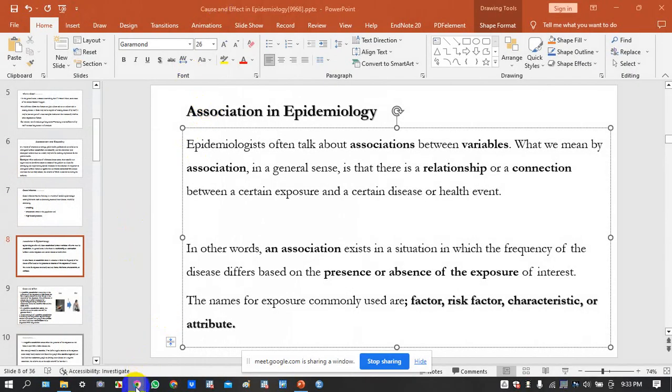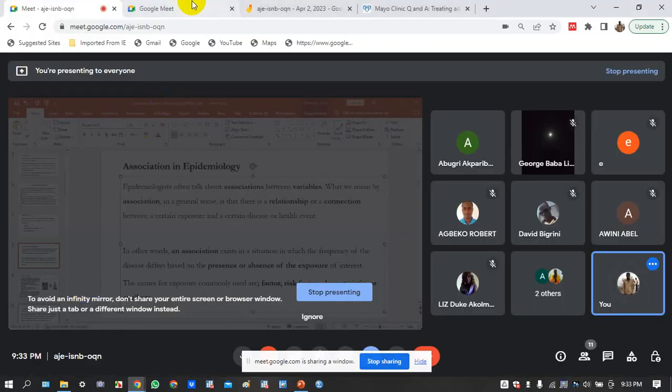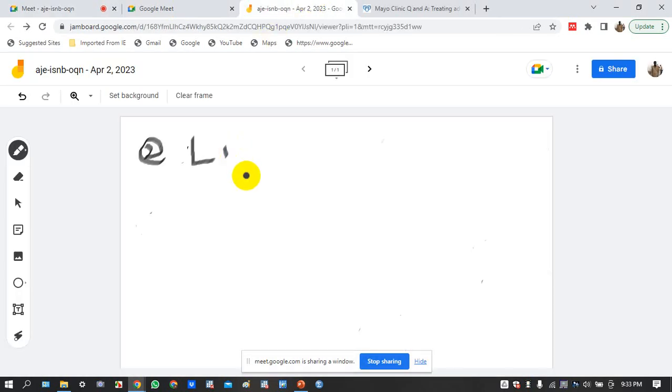Okay, so let's go to the... I was saying that, but did you get the portion on the ROC? I said under ROC we have sensitivity, specificity, and area under the curve. Did you get that?